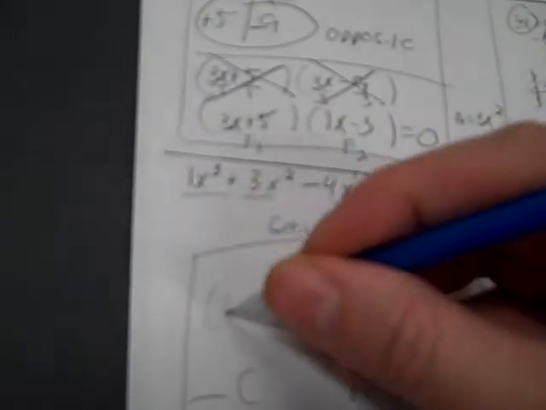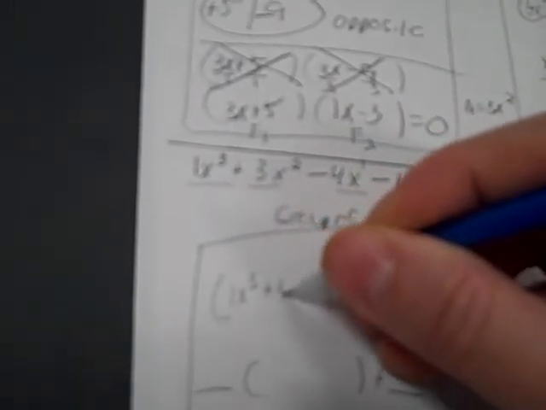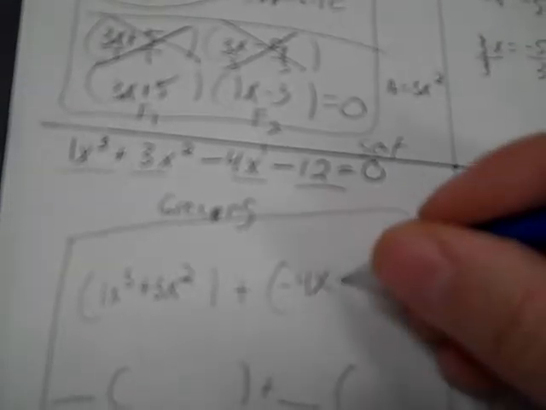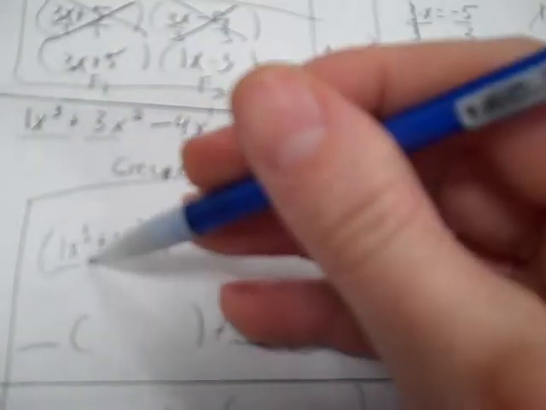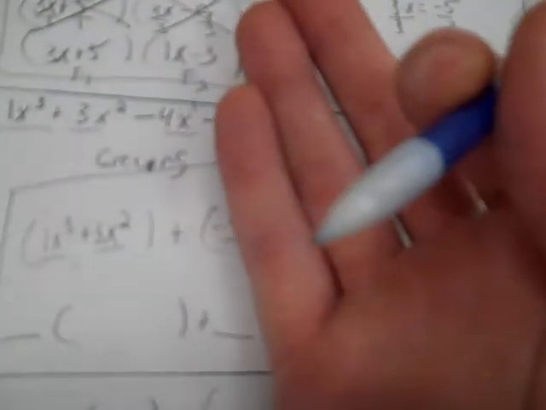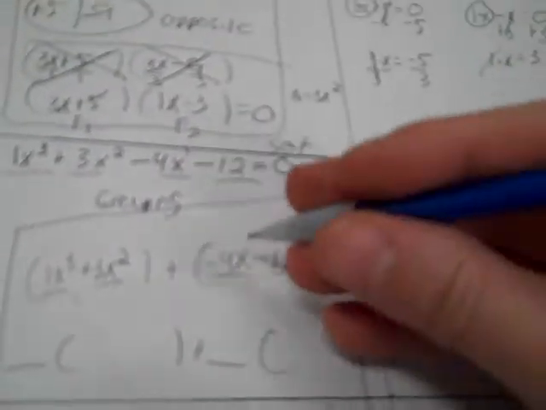Okay, so you got 1x to the power of 3 plus 3x to the power of 2, and then you have negative 4x. I'm not going to put the 1 power there, minus 12. And then I see what I can divide by, but I'm only looking at 2 of them when I decide, using my negative x GCF rule. I don't need a negative here, but we need a negative here because the parenthesis starts with a negative.